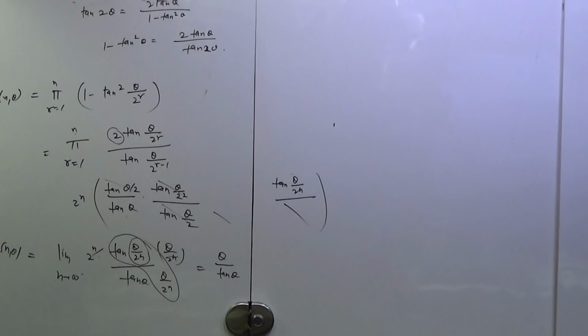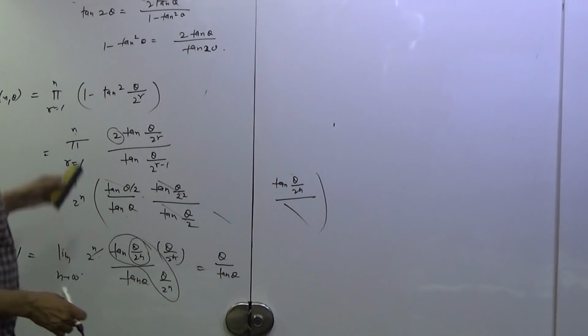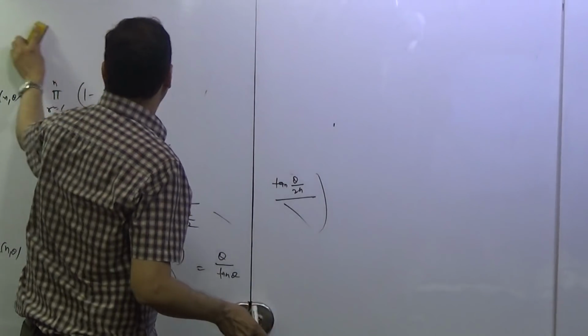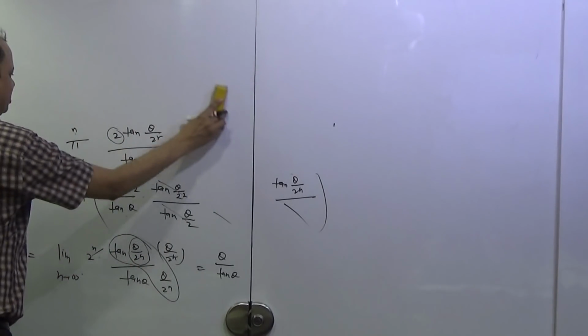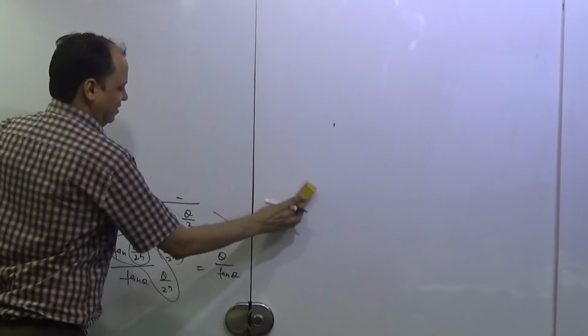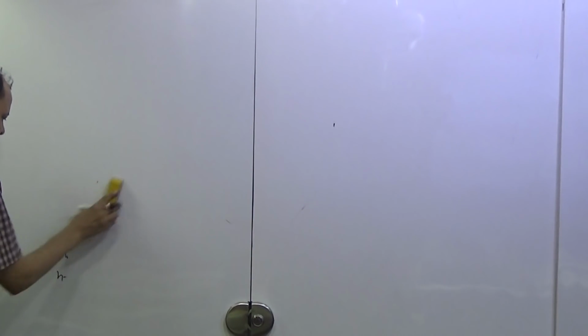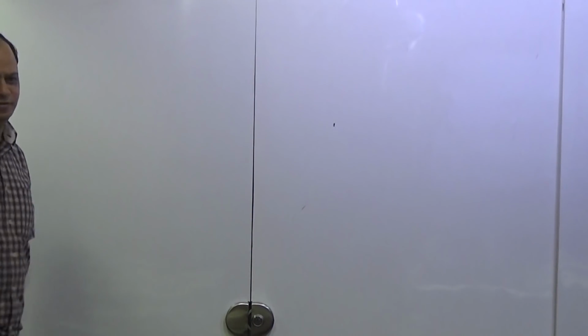I mean, it seems to be something like you have never seen such a problem and you would never like to solve such problems. But the problem is not that difficult. Just look at this.